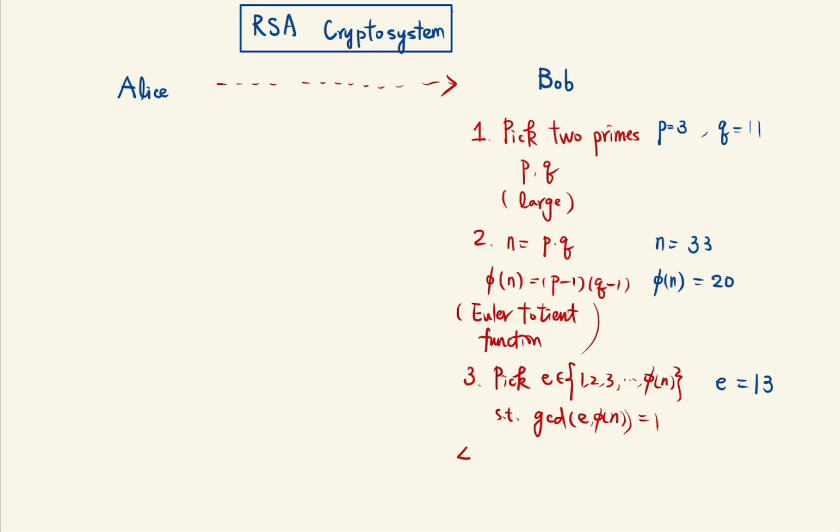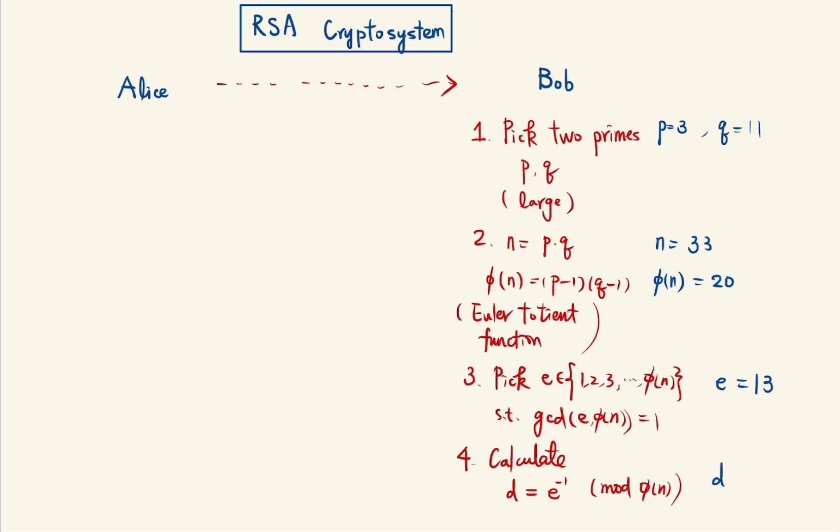The last step is that we calculate D, which is the inverse of E when we mod phi(N), and such D exists because the GCD of E and phi(N) is 1.